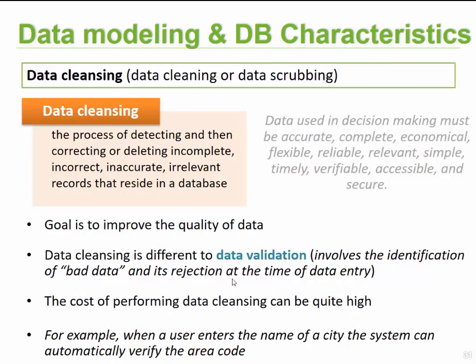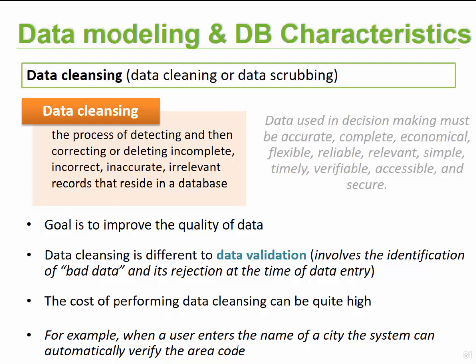Now let's talk about two concepts called data cleansing, also referred to as data scrubbing. Data cleansing is the process of detecting and then correcting or deleting incomplete, incorrect, inaccurate or irrelevant records within our database. The reason for this is we want to make sure that all our content is accurate, complete, economical, flexible, reliable, relevant, simple.